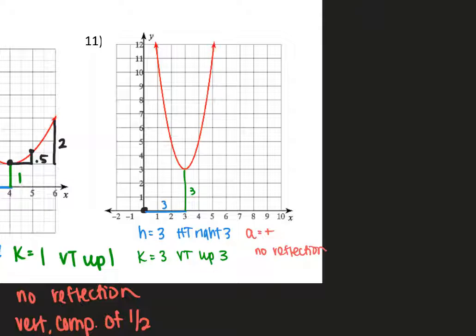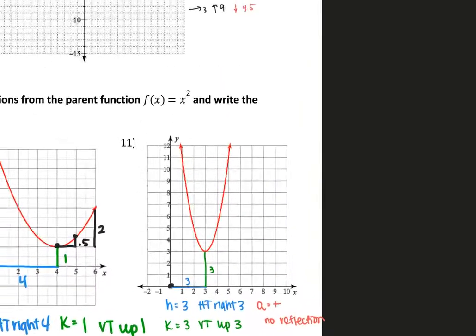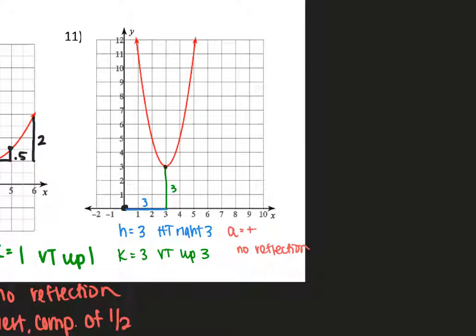And then to figure out the value of a, we're going to look and see how our parabola was graphed. So starting from our vertex, when we go over 1, it takes 2 units to get to my parabola. Normally in our parent function, it would only take 1. To get my next point, I go over 2. Normally I would go 2 squared is 4. It would take me 4 units to get to my parabola, but in this case it takes 1, 2, 3, 4, 5, 6, 7, 8.